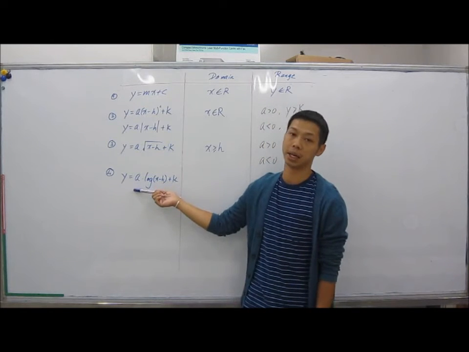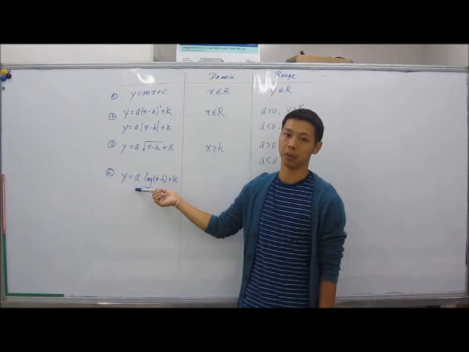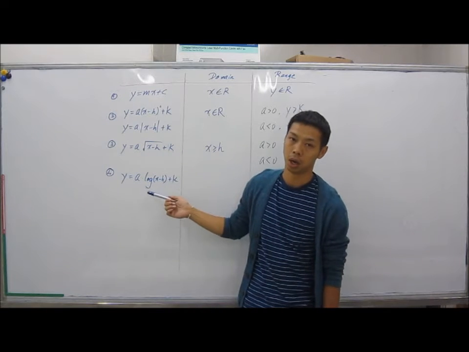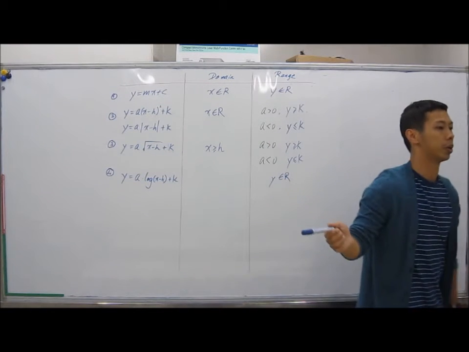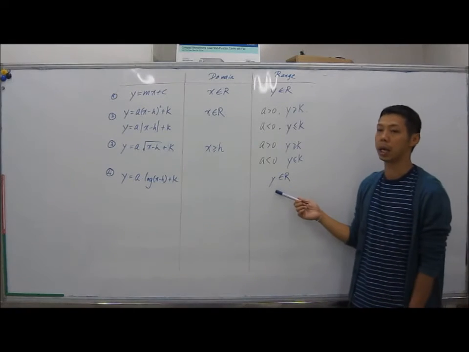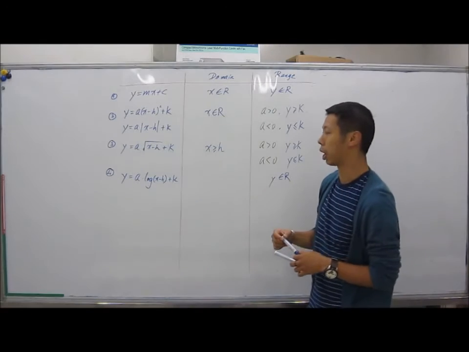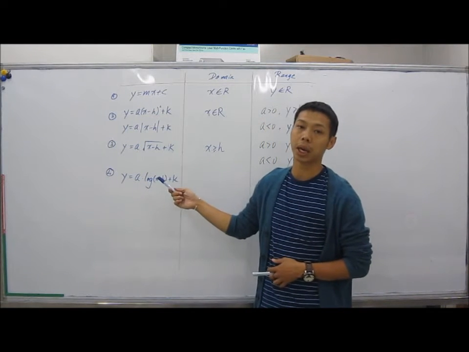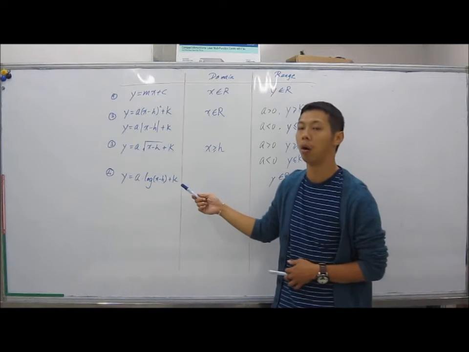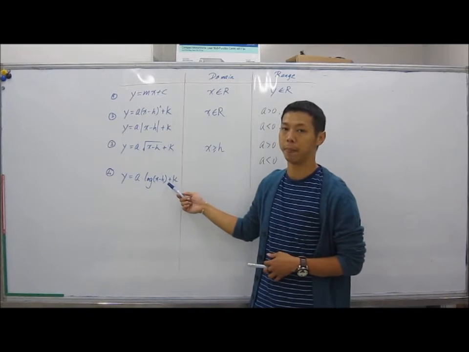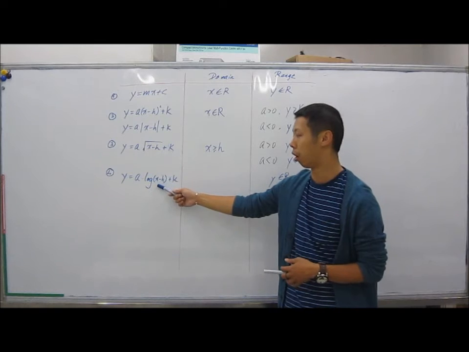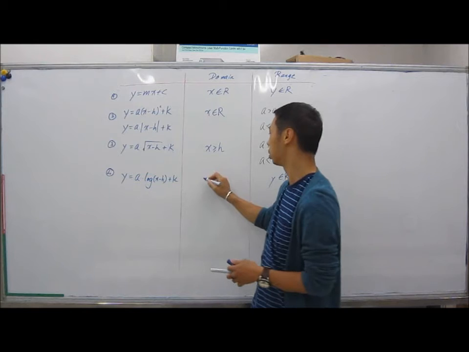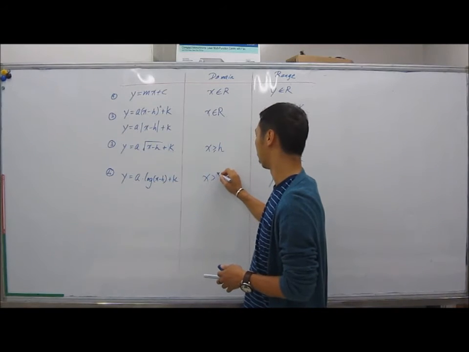No matter whether a is positive or negative, the result of the first part is also any number. Any number plus k is also any number, so y can be any value. But for the x this time, inside the log we cannot have zero or a negative number; it must be positive. So for the log, x minus h is greater than 0. The result is x greater than h.